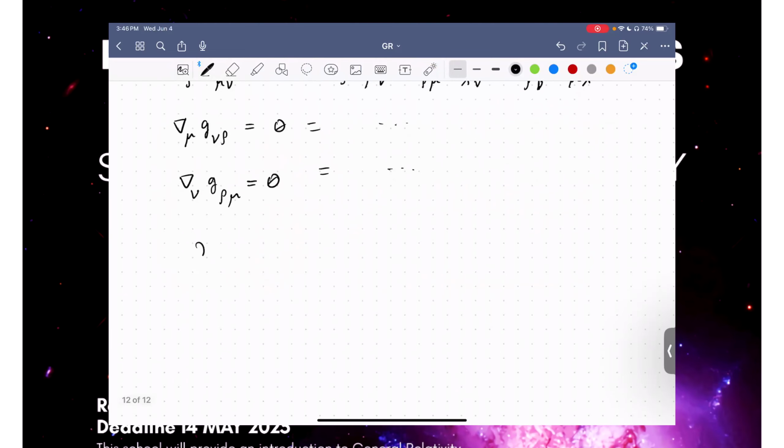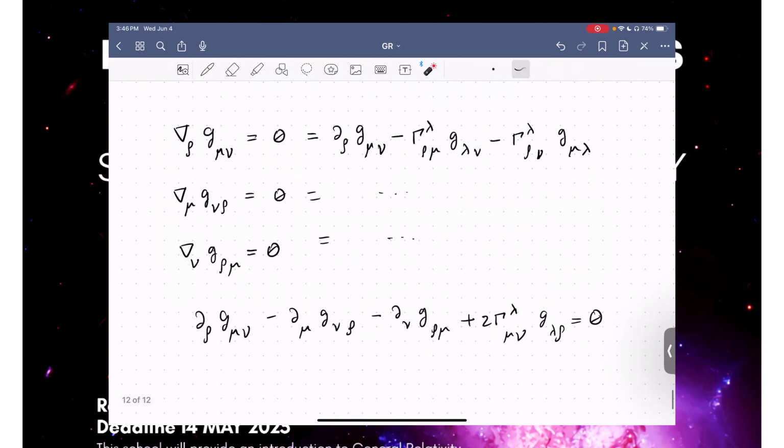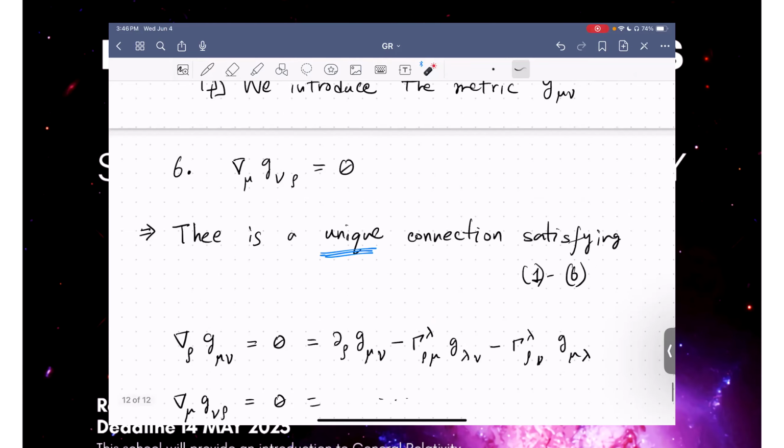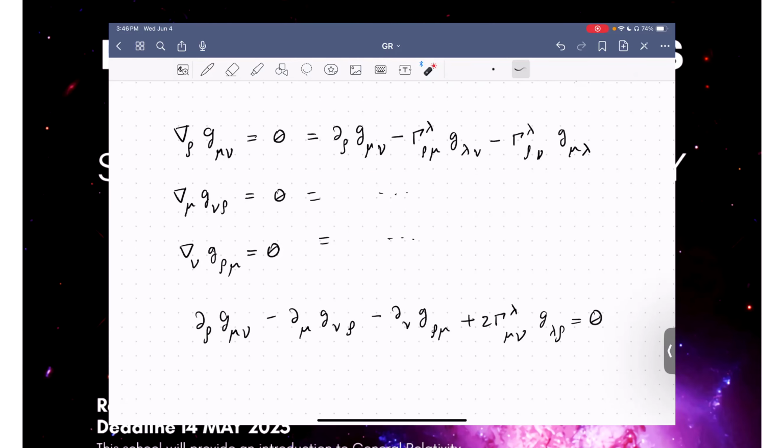But in order to get this expression, you have to use the fact that because of this torsionless condition, your Christoffel symbol is symmetric in the lower two indices.